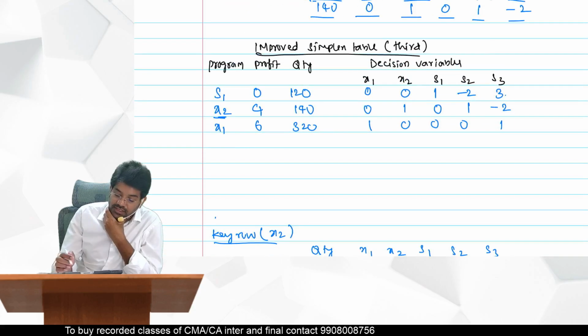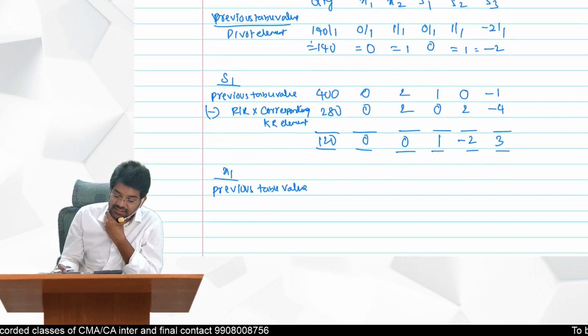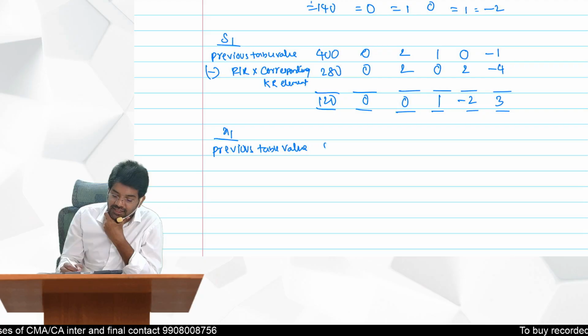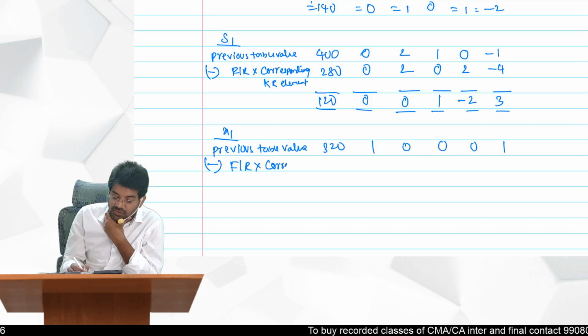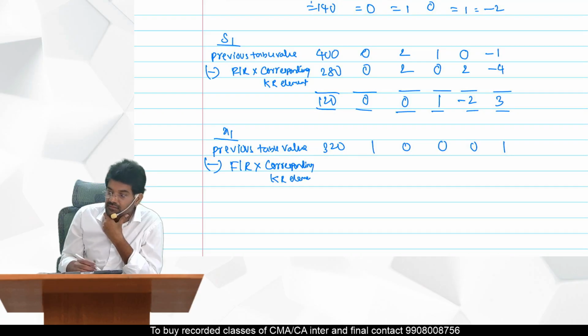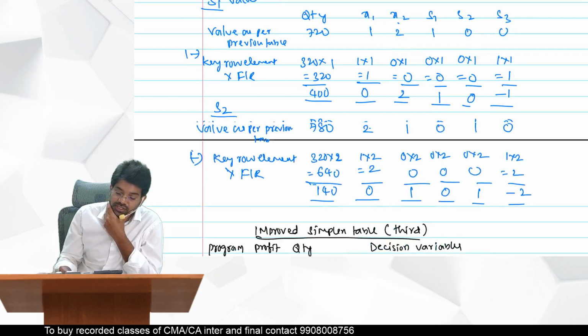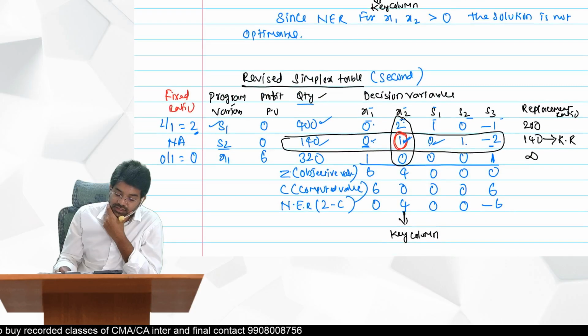Directly we have taken it here. Where should we take it? 320, 1, 0, 0, 0, 1. Less fixed ratio into the corresponding key row element. Now for the fixed ratio, go to this: the fixed ratio is 0.